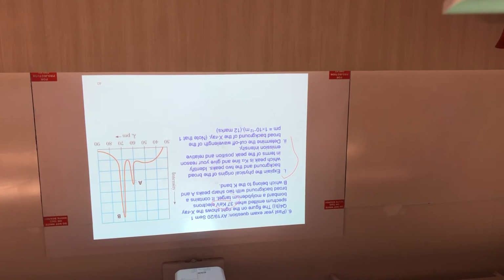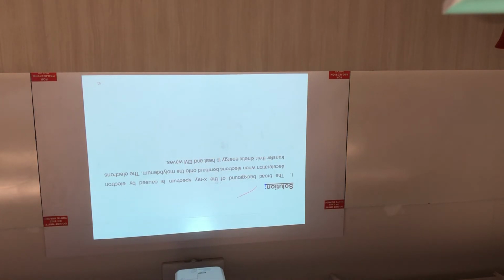Identify which peak is K alpha and give your reason in terms of the peak position and the relative emission intensity. We actually discussed this just now, and I just want to show you this solution. It very well articulates our discussion.